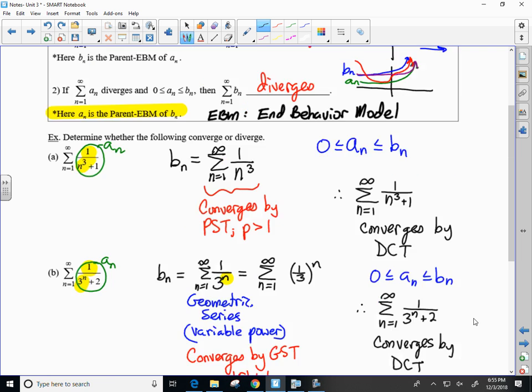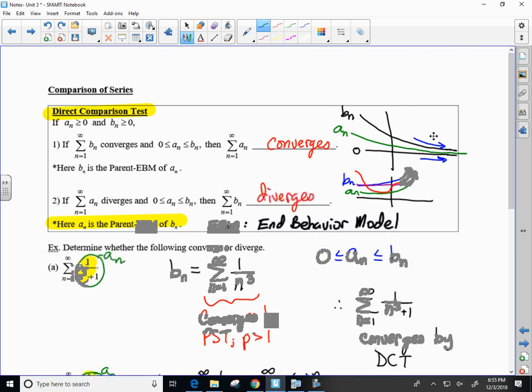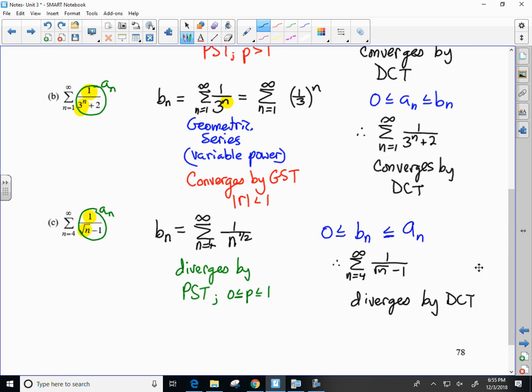All right, so that's the case of this first graph here, where if b sub n diverged, so let's say that went up to infinity, it wouldn't tell us necessarily that A sub n diverged. It could diverge, it could converge. It would be completely inconclusive. So if that size relationship isn't in the proper order, then these conclusions cannot be drawn. All right.